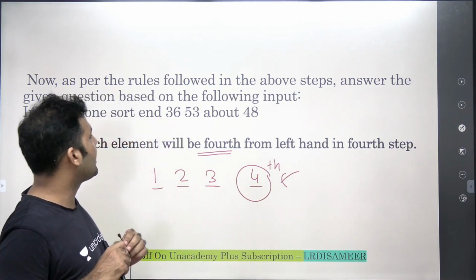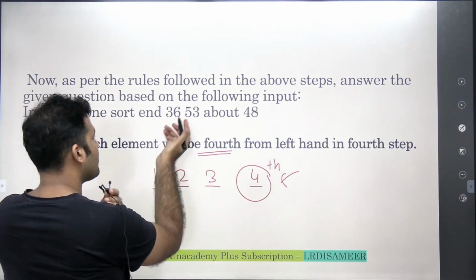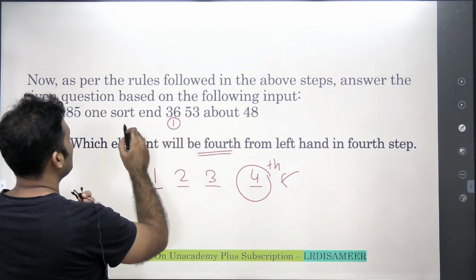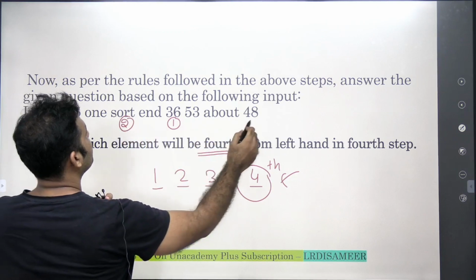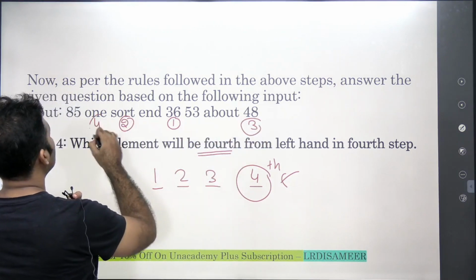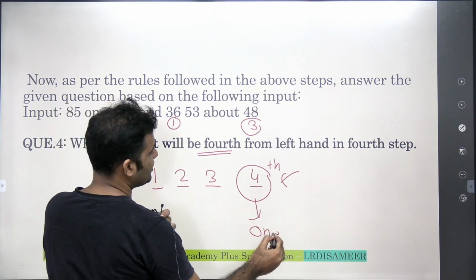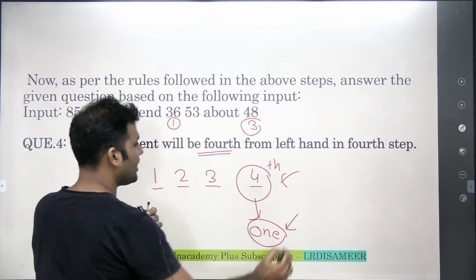Now tell me, which is rank 4? We already have counted for this input, but again, if the input is changed, you can easily do it. This is rank 1, this is rank 2, this is rank 3, and rank 4 is 1. So the 4th rank element is my answer. So the answer to the question is 1. This is the answer to the question. You see that?